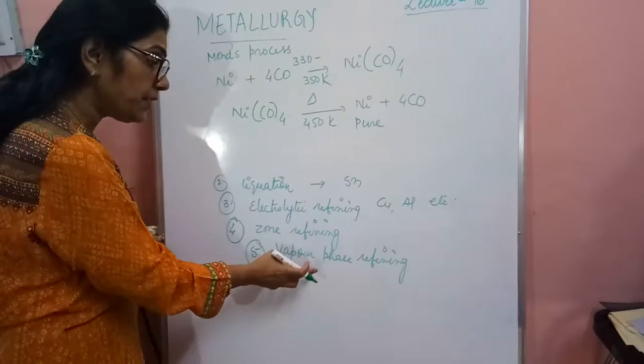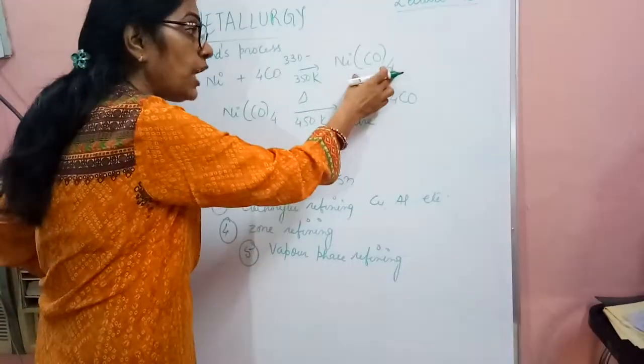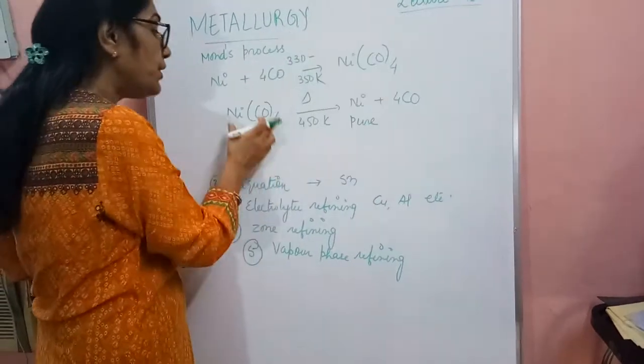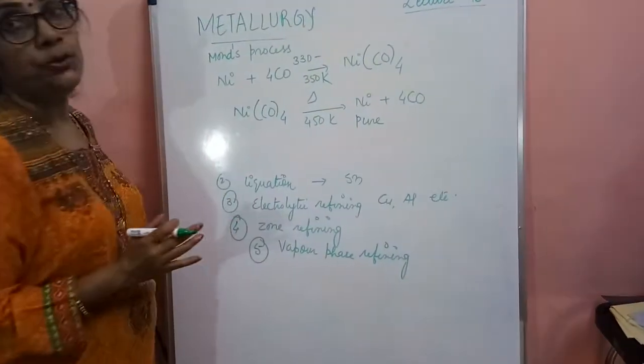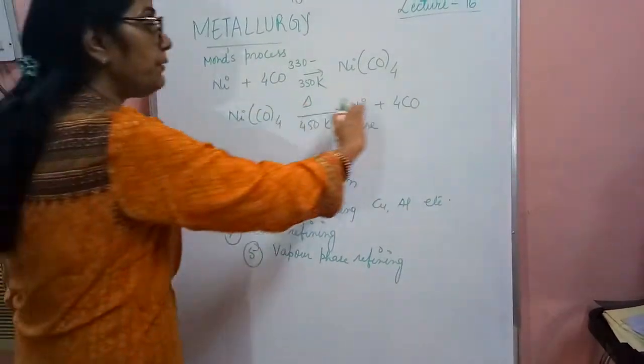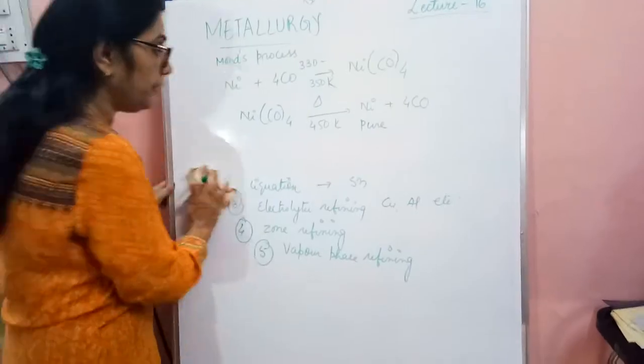So vapor phase refining says that the metal should combine to form a volatile compound first, and this upon heating decomposes into the pure metal, and the reagent which is separated out can easily be recycled.